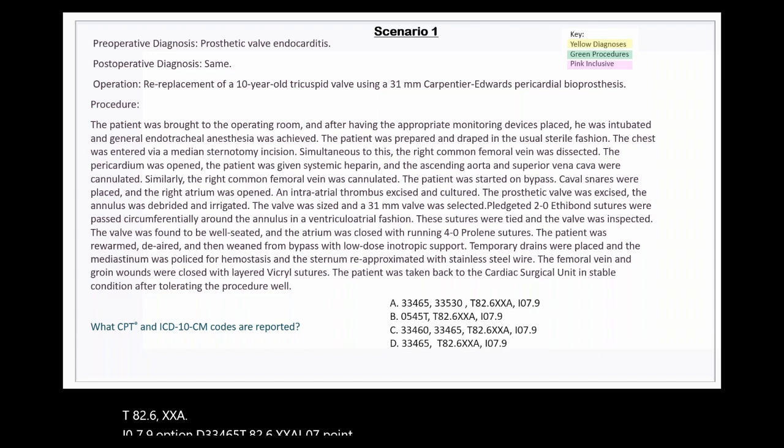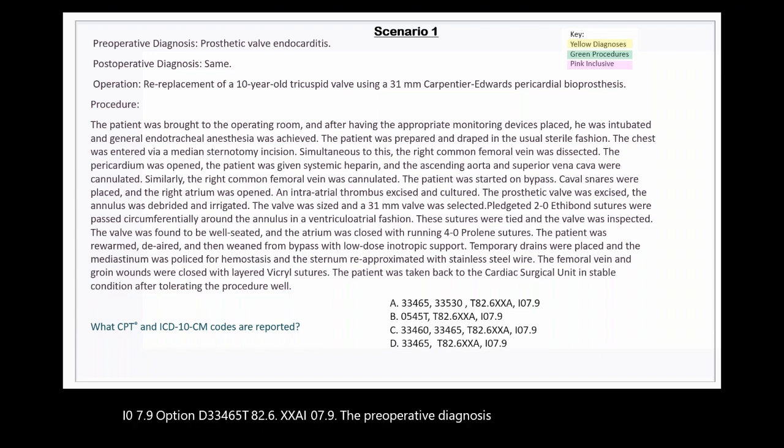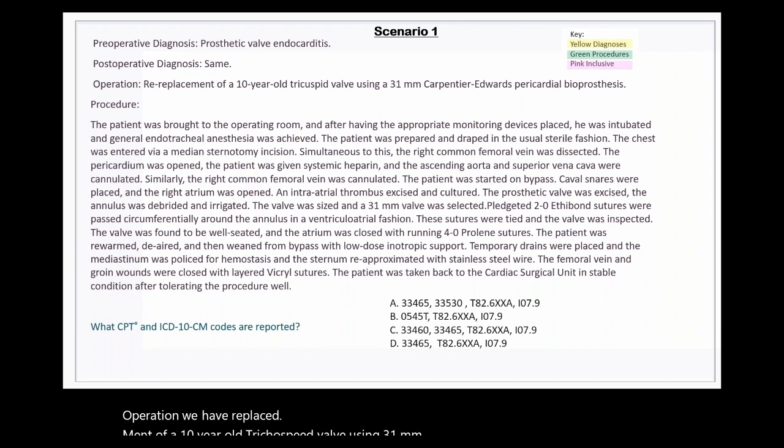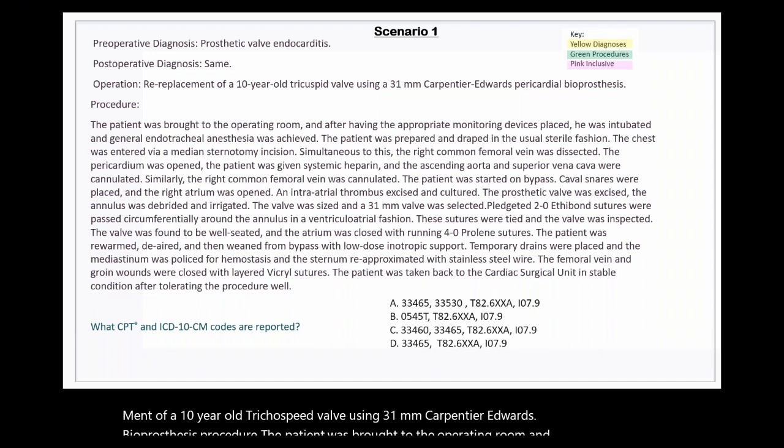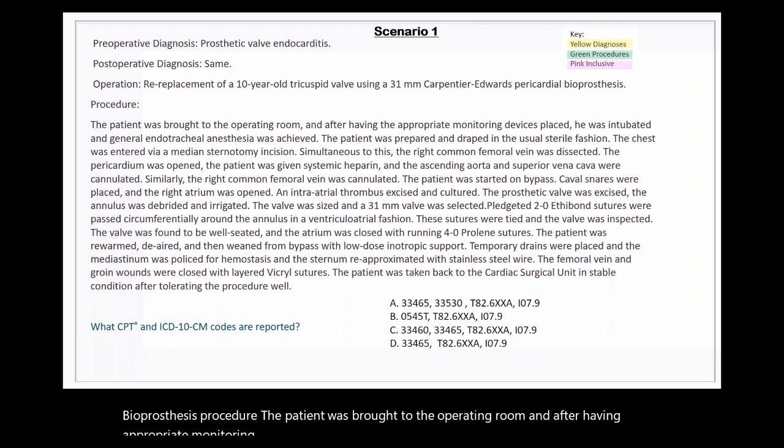The preoperative diagnosis is prosthetic valve endocarditis. Postoperative diagnosis, same. Operation: replacement of a 10-year-old tricuspid valve using a 31 Carpentier-Edwards pericardial bioprosthesis. The patient was brought to the operating room, and after having appropriate monitoring devices placed, he was intubated and general endotracheal anesthesia was achieved. The patient was prepped and draped in the usual sterile fashion.